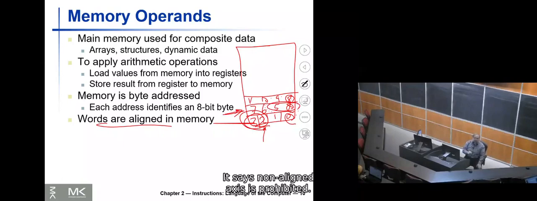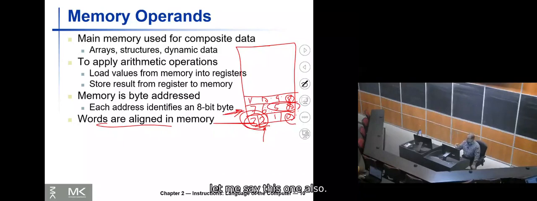It says non-aligned access is prohibited. The compiler or the assembler doesn't allow that. You cannot load a word from address 3, address 2, address 1. You can from address 0, address 4, address 8, and so on.